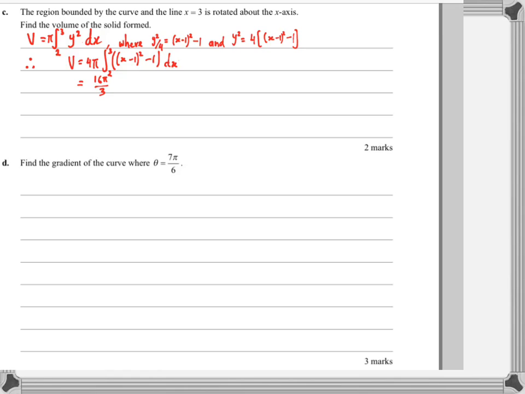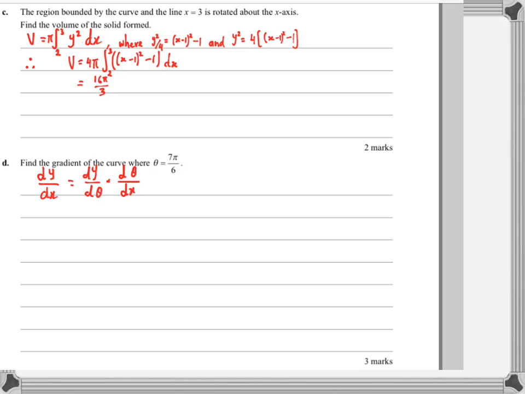Alright, the next bit: find the gradient of the curve when theta is 7 pi on 6. The gradient is found by using the chain rule. We're finding the gradient of the hyperbola, dy/dx, and that is found by using the chain rule with the gradients of the parametric equations.